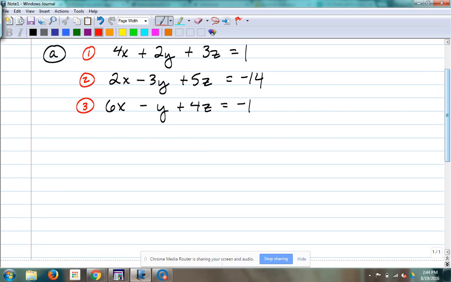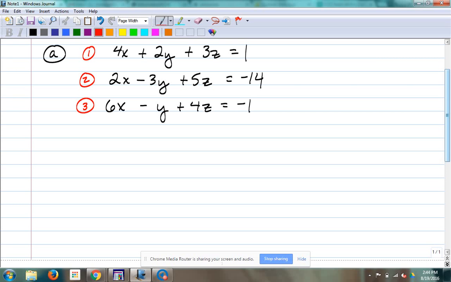So with this one, when I'm looking at it, I want to try to get rid of a variable. The y's look like they'd be easy to get rid of because I've got a negative y here, and then a 2y up there and a 3. So that's what I'm going to try to get rid of, and I'm going to do that using pairs.